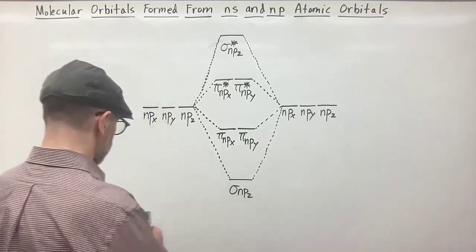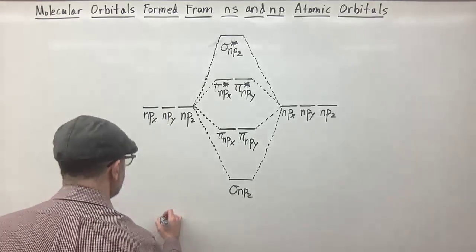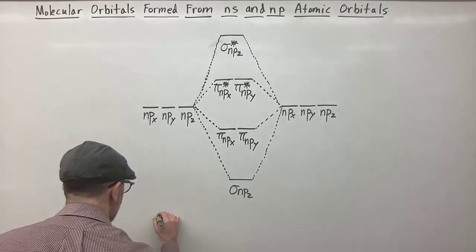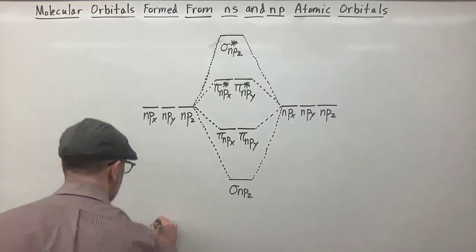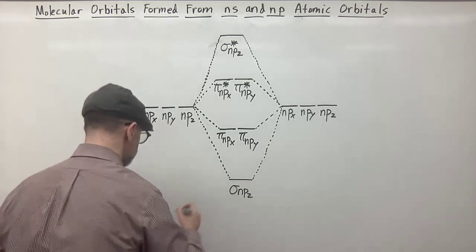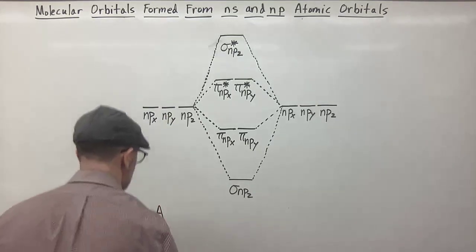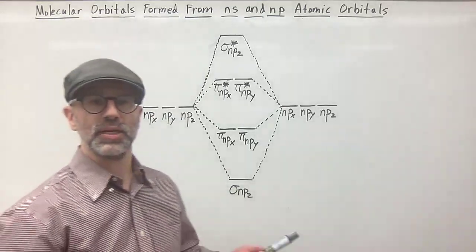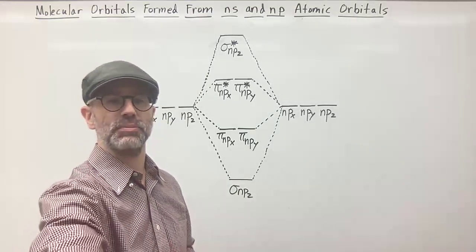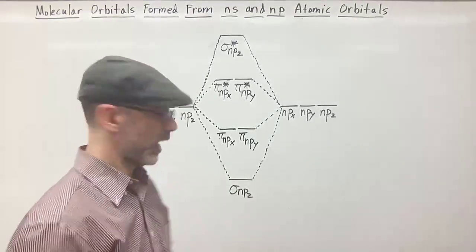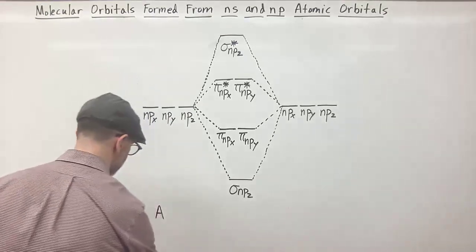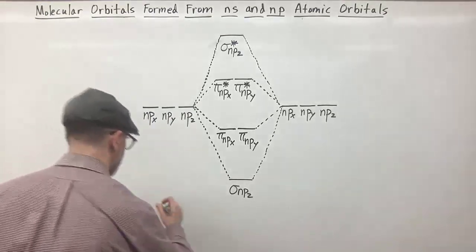So if I write down here, we have the atomic orbital of A, right? So let's say A atomic orbital. That's going to be the first atom. Let's go ahead and use X instead of A because we're going to use A in a moment.